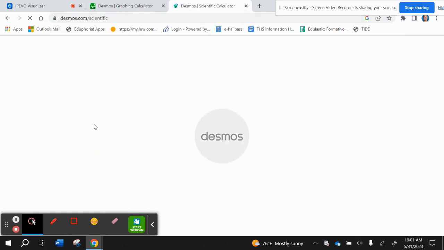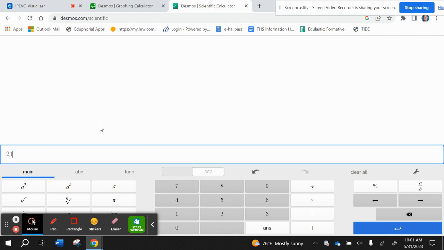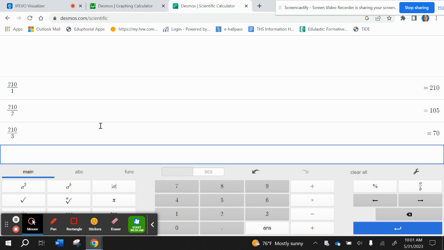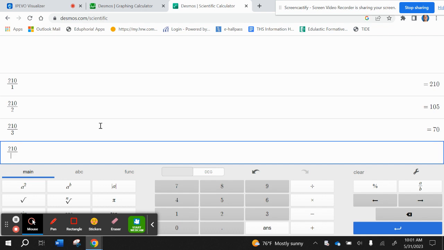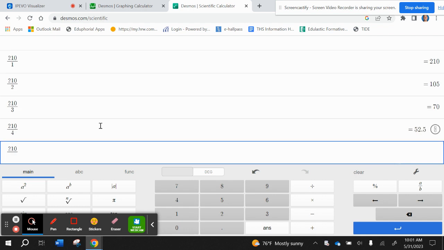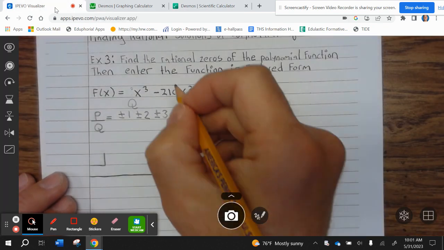And so we know 210 divided by 1, that works. 210 divided by 2, that works. 210 divided by 3, that works. So plus or minus 3. 210 divided by 4, that doesn't work. And then 210 divided by 5, that works. So plus or minus 5.